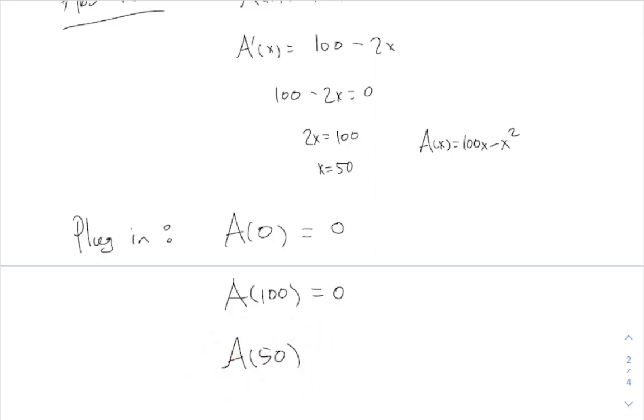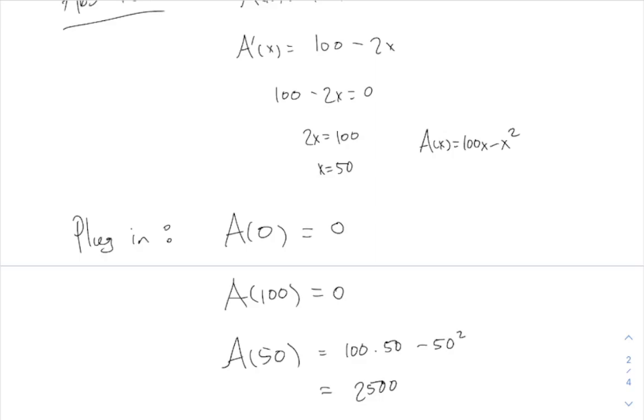Anyway, this one is the most interesting one, A of 50. It's going to be 100 times 50 minus 50 squared. And this I did in my calculator. I got 2,500. Probably could have done that in my head. And then what's the maximum, right?